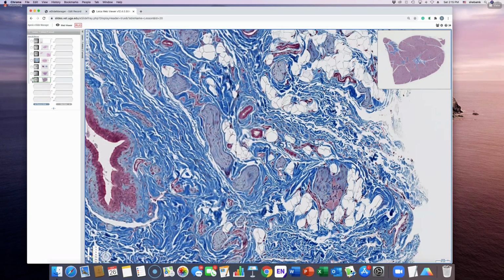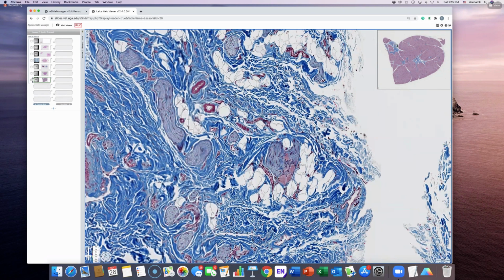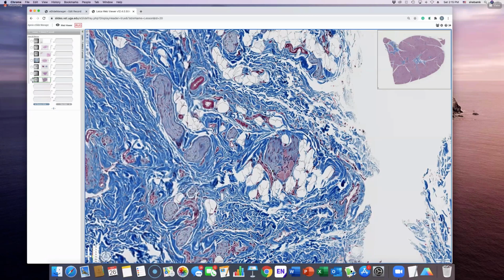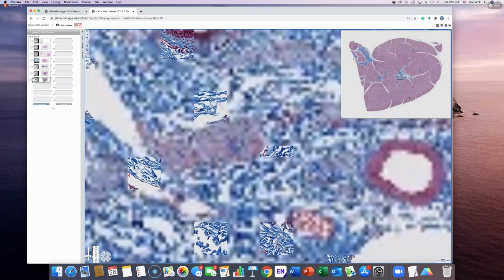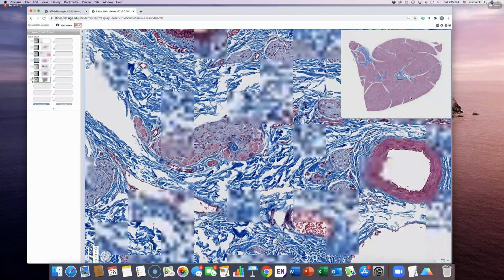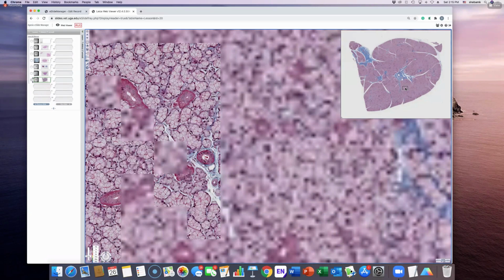Okay, so what is this one right here? This is an aggregate of nerve cell bodies, but it's in the connective tissue of some gland.